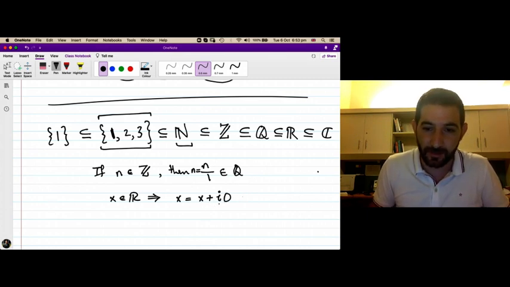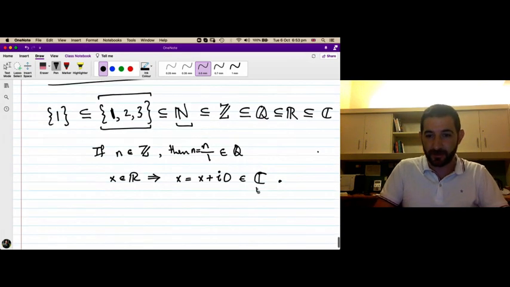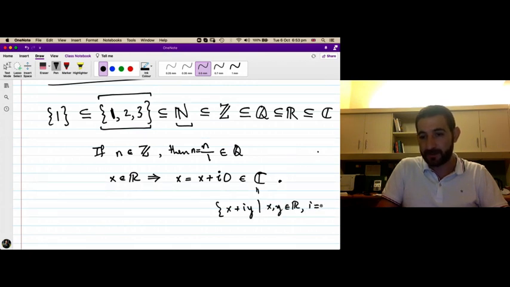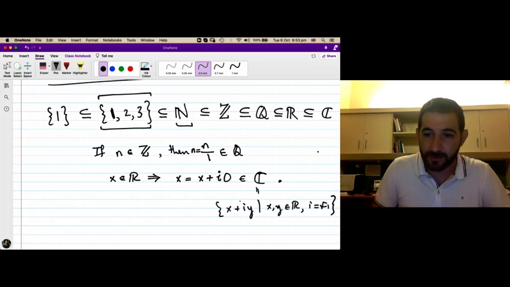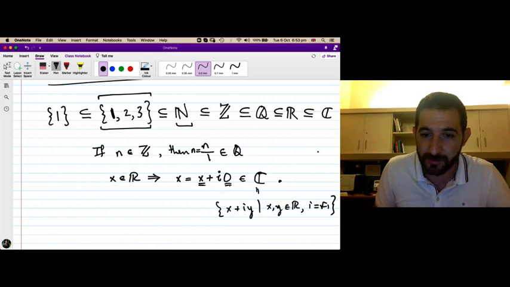So this is a number in the set of complex numbers. Remember, we defined the set of complex numbers to be all numbers of the form x plus iy such that x and y are real numbers, and i is the square root of -1. So x is a real number here, and 0 is a real number. So here x is x and 0 is y.